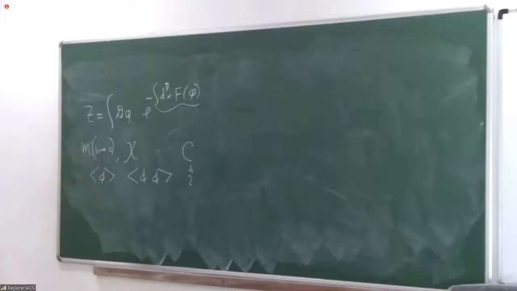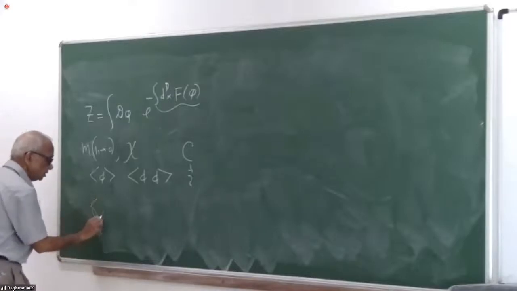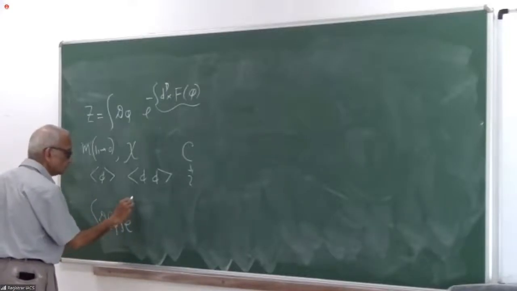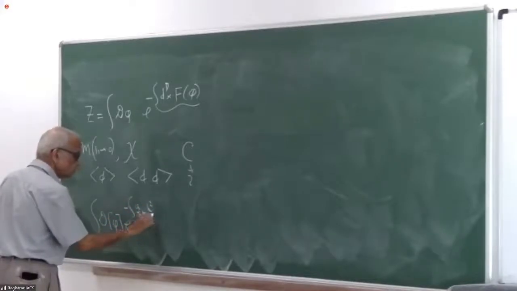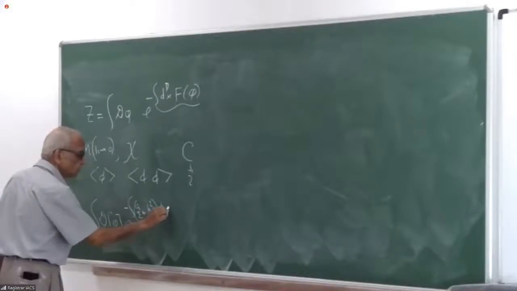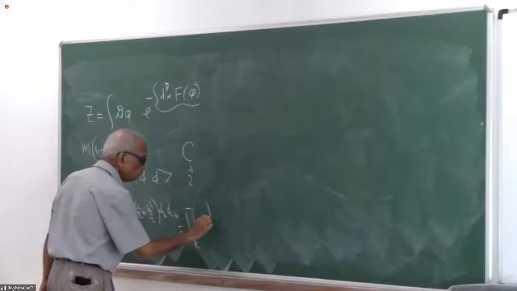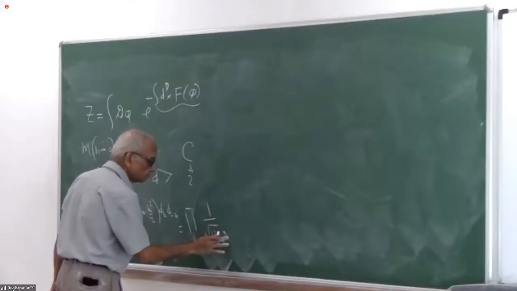We have learned only one functional integral, the integral d phi e to the power minus (a over 2 plus k square over 2) phi k phi minus k, which is pi over k and 1 over the square root of k square plus a.